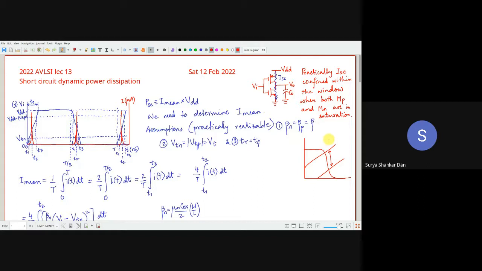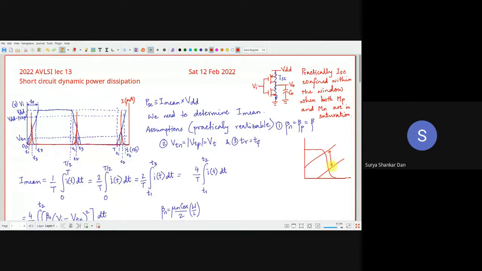What we are essentially looking at is we will first model this short circuit current, short circuit power, basically dynamic power. And as I showed in the previous diagram, this happens only during the switching. That is why it is called dynamic.